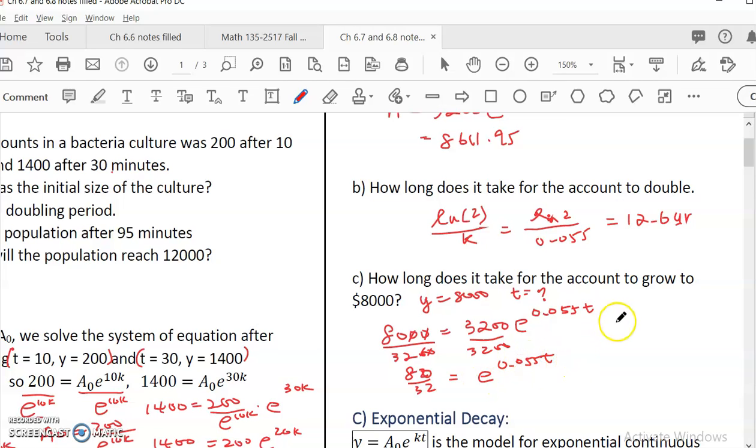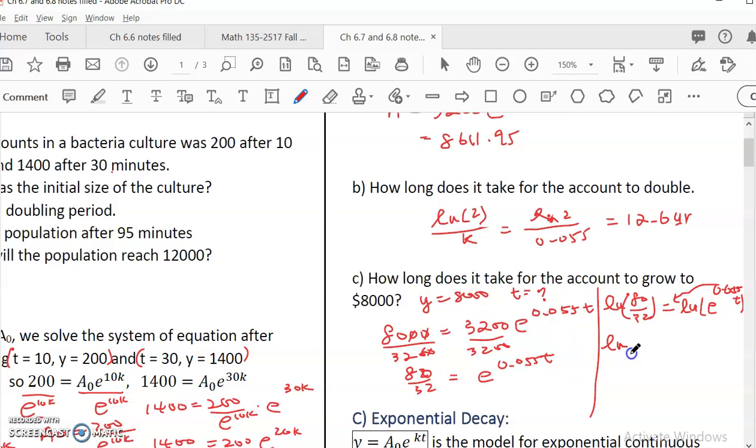To solve for t, you take ln on both sides. So ln of 80 over 32 is equal to ln of e to the 0.055 t. Because 0.055 t is an exponent, you can move it out.